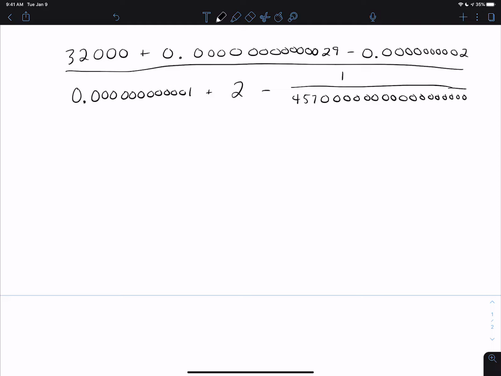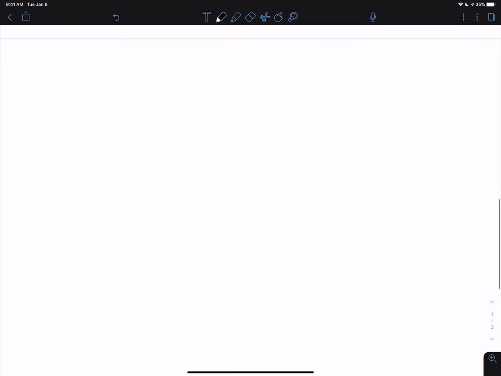In fact, the comparison is going to be more ridiculous than 32,000 plus point whatever, however many zeros, to 9, and minus point however many zeros into 2. So we're going to do a bunch of problems that say show whether the sequence converges or diverges.